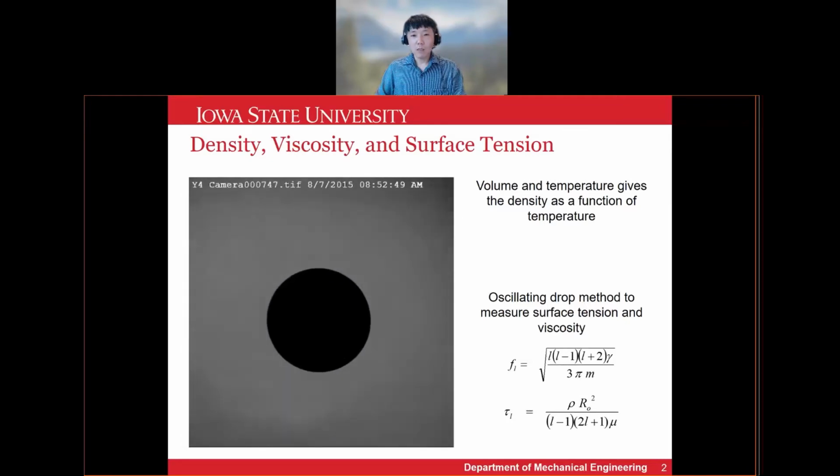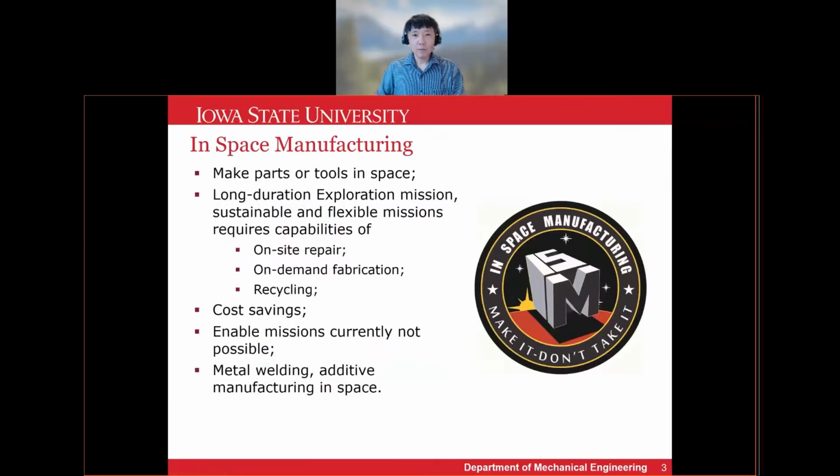For the success of long-duration exploration missions, sustainable missions, and flexible missions, we need the capabilities listed here. We should be able to repair facilities or equipment on site, and we cannot depend on resupply from Earth for every part. Also, we need to recycle materials.